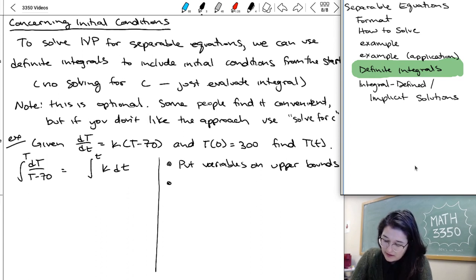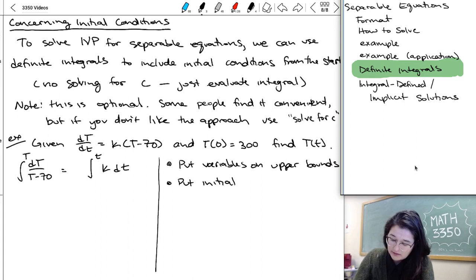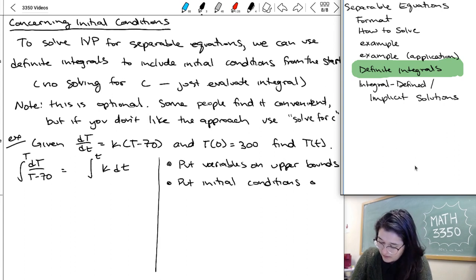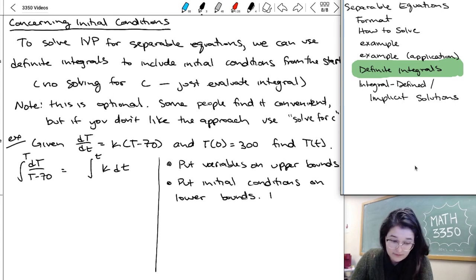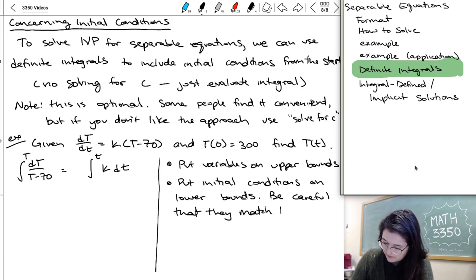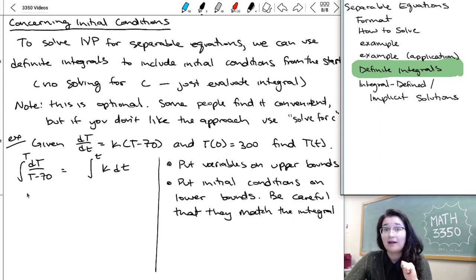And then we put initial conditions on lower bounds. But you need to be careful that they match the integral. So this one was about big T, so I put big T over there. And so that means that I have to put the initial condition for big T on that integral, not on the other.